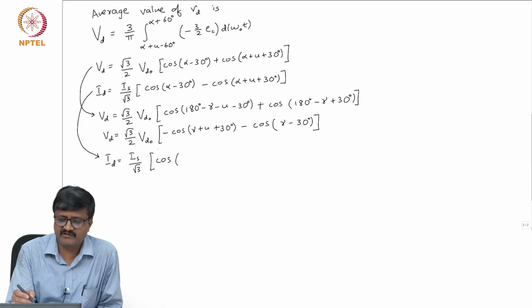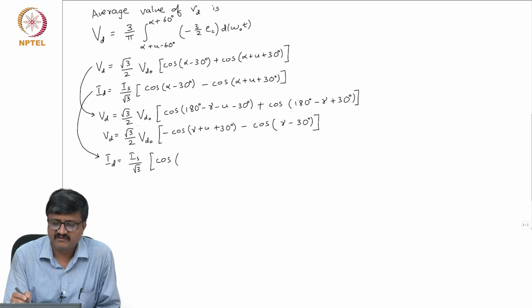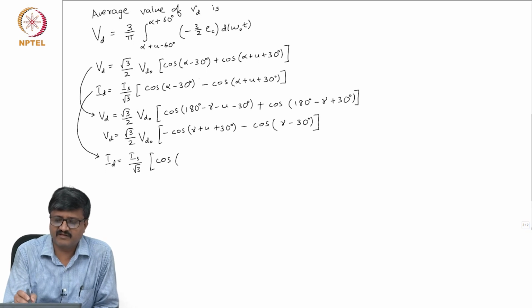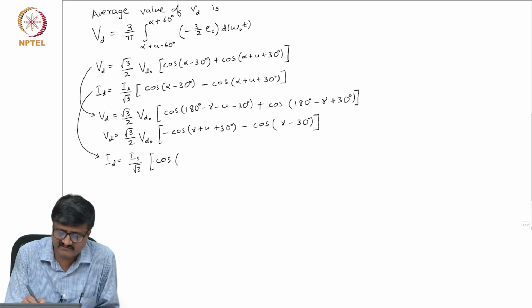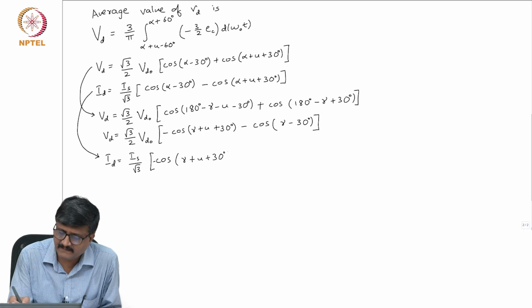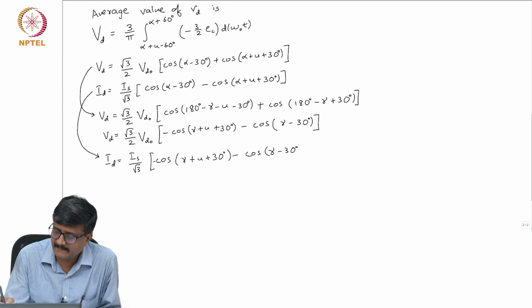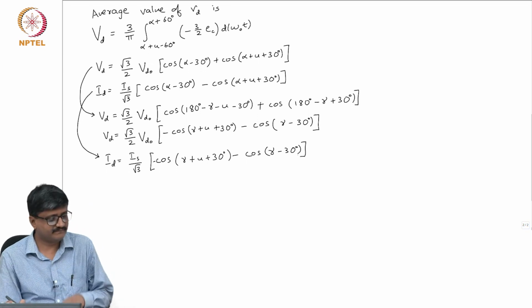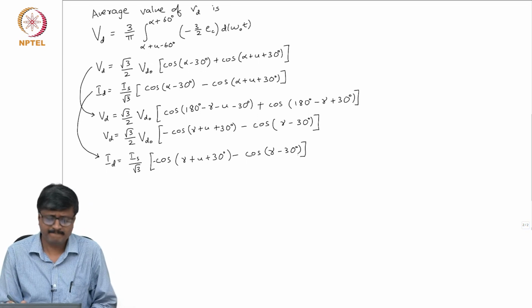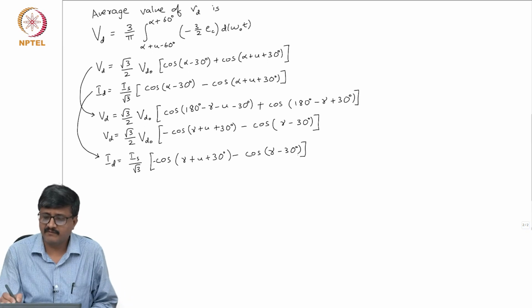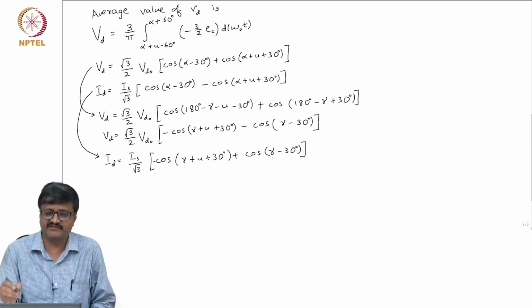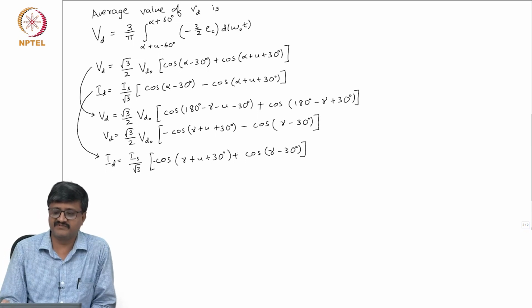If you look at the expression for Vd, you see that there is cos alpha minus 30 and cos alpha plus u plus 30 in both expressions. So, I can write this as minus cos gamma plus u plus 30 degrees minus cos gamma minus 30 degrees. Only difference is this is plus because there is a minus cos alpha plus u plus 30.